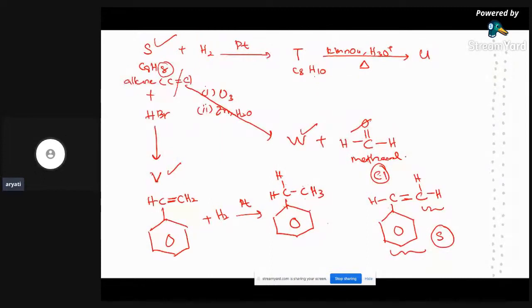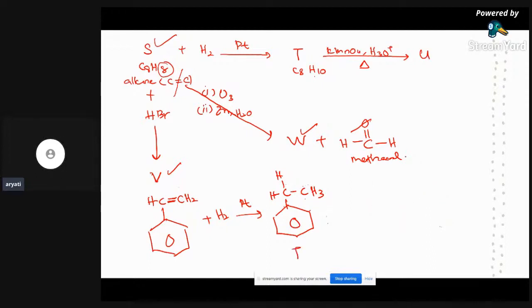Okay, structure bagi U. Compound U is formed when T is heated with alkaline potassium. Okay, so ini adalah structure bagi T. So ini adalah structure bagi T.